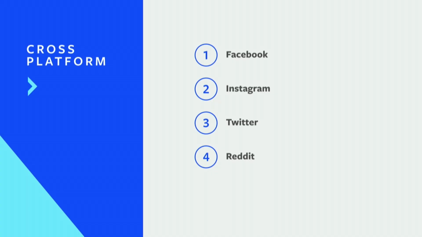Again, one thing that's important, we are owned by Facebook, but we still work across Facebook, Instagram, Twitter, and Reddit. Reddit obviously is a little different beast, but especially for Chrome extension and for seeing where shares are coming from, often Reddit or subreddits can be huge drivers of content or traffic.